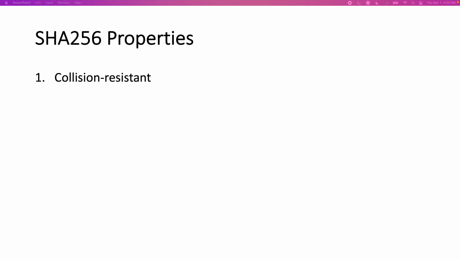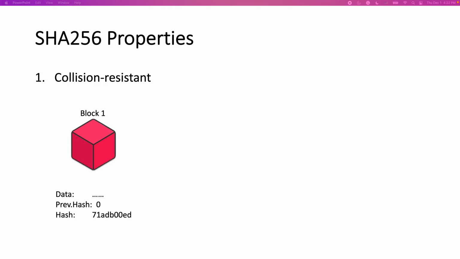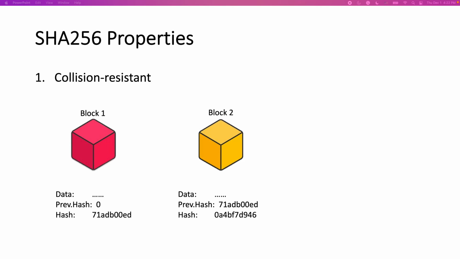Collision resistant is saying that it's almost impossible to find two inputs that hash to the same output, which means if there are attackers who want to tamper with data or transactions in blockchain, it's almost impossible for attackers to find the same hash.